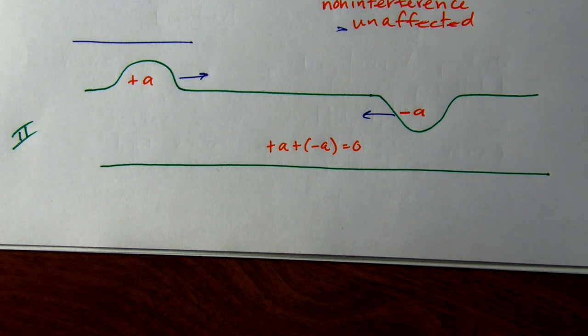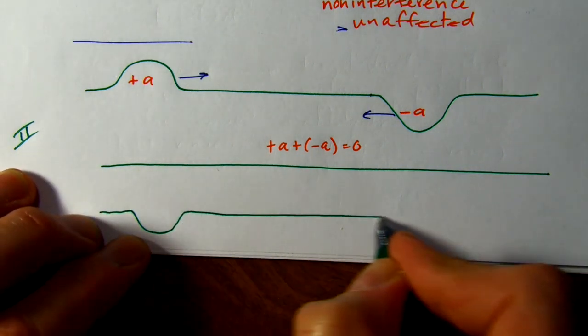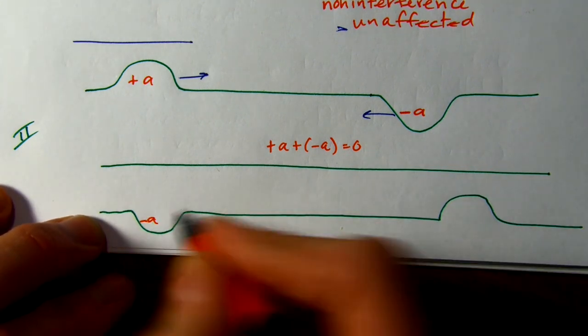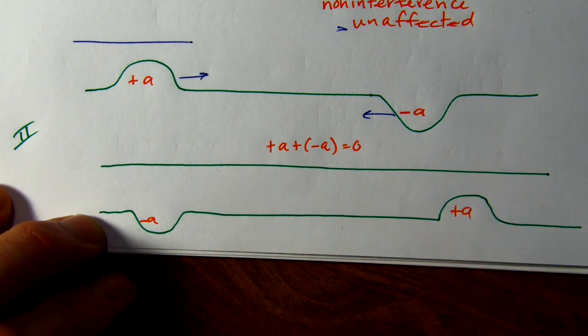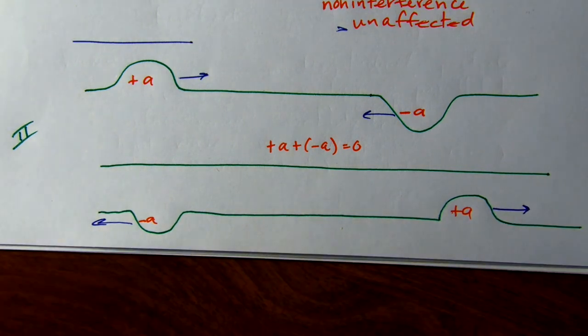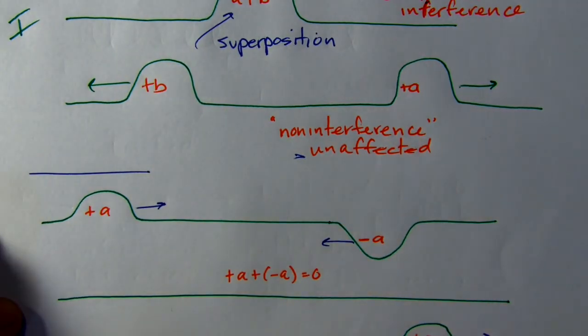And so this actually happens with slinkies and ropes and your noise canceling headphones. They can actually cancel each other out. That's how this works. Afterward, however, then you would have the negative A here and the positive A here, so that they have traveled through each other. Okay? So the idea is that now you have what is called destructive interference.